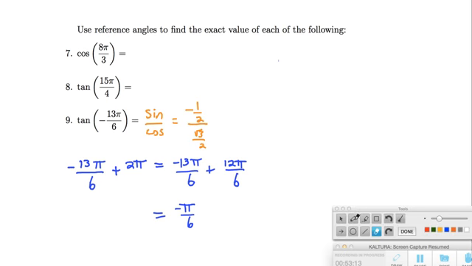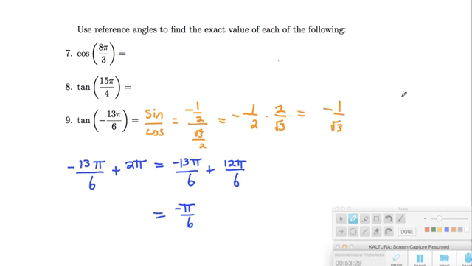And then if you just flip and multiply the denominator, you get negative 1 over square root of 3.